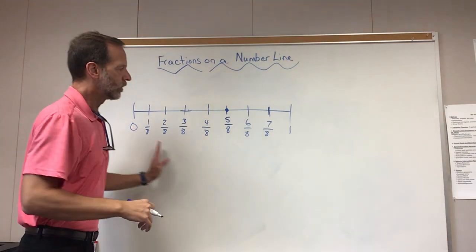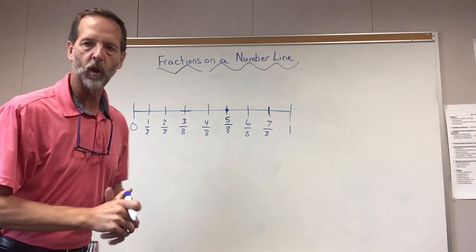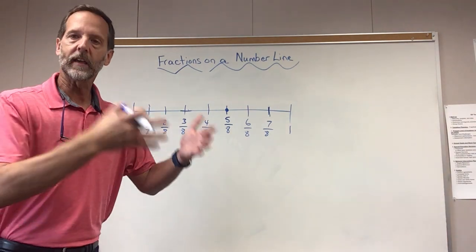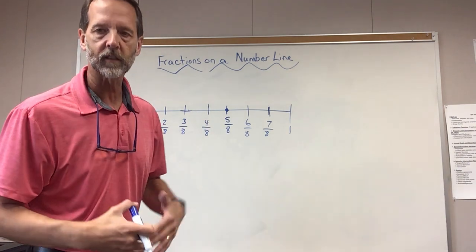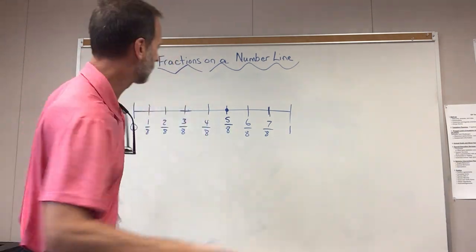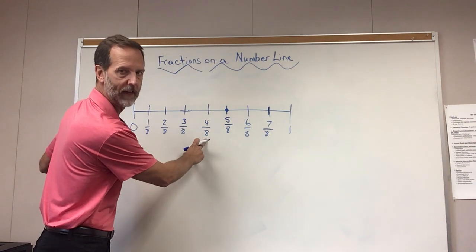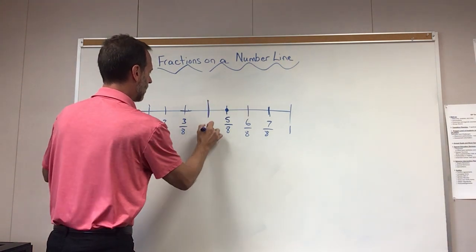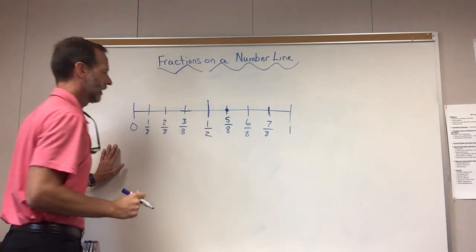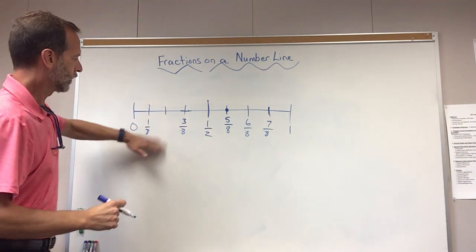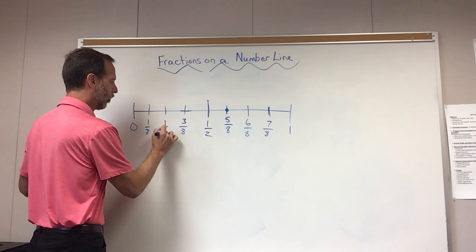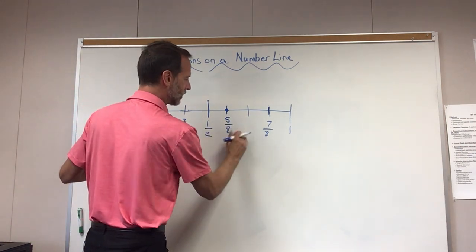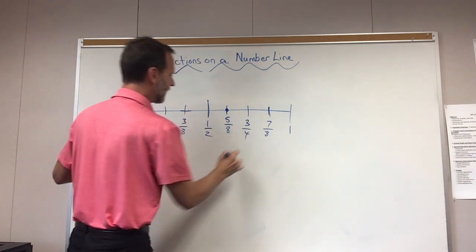You're not going to see a number line that's labeled all in eighths because we can simplify some of those fractions to fractions that are easier for us to understand. For example, the middle is always going to be what fraction? Just like 2/4, it's going to be half. That middle line is always going to be 1/2. Your 2/8 is going to be 1/4. Your 6/8 is going to be 3/4.